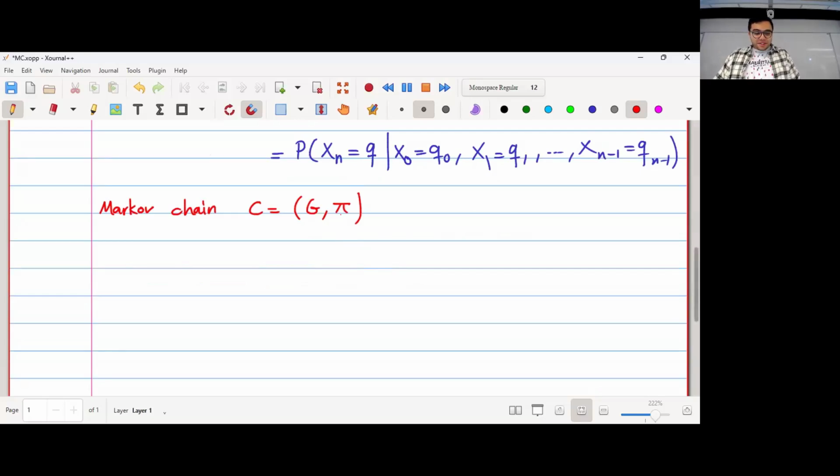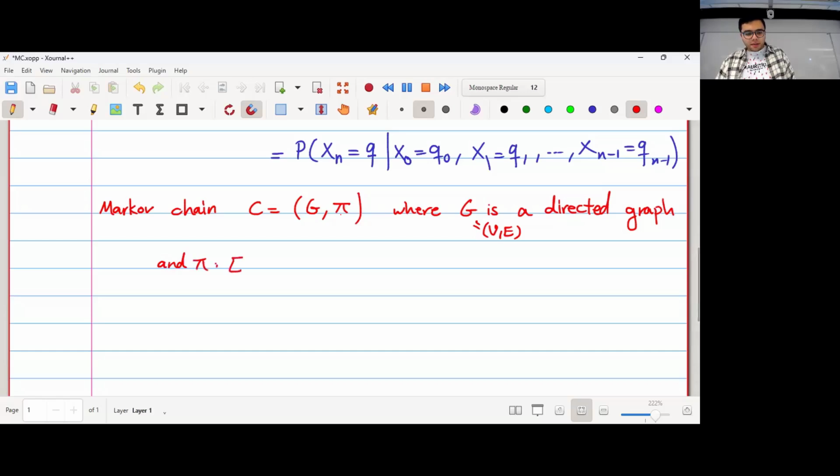Okay. So I have this where G is a directed graph. And so let me actually say that I have vertex set V, edge set E. And this P is a function that maps each of my edges to a probability.